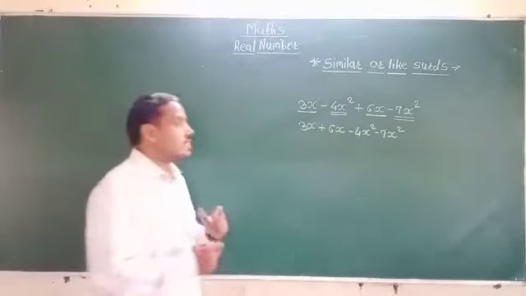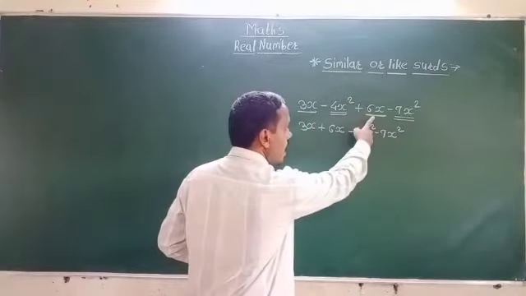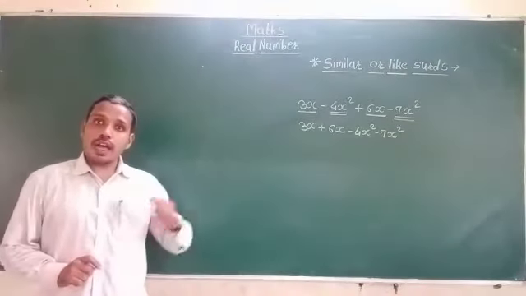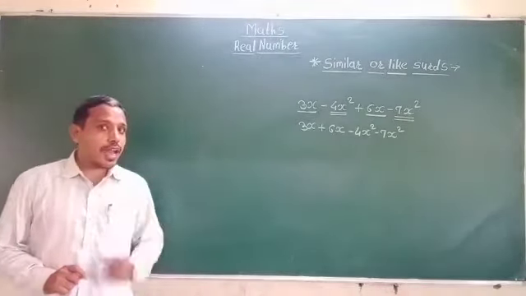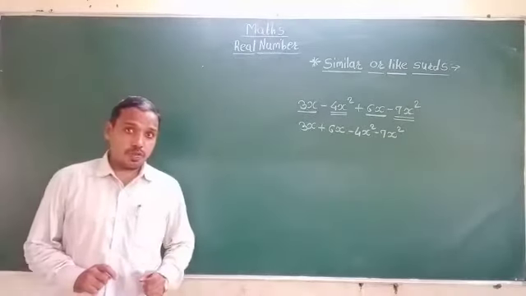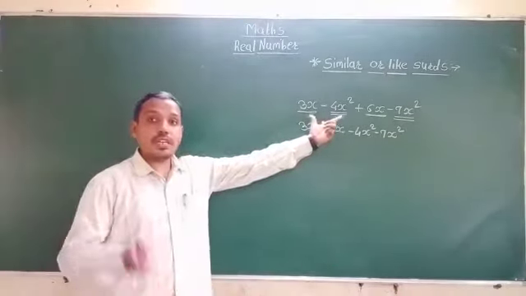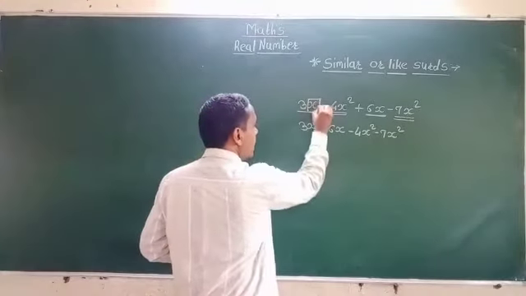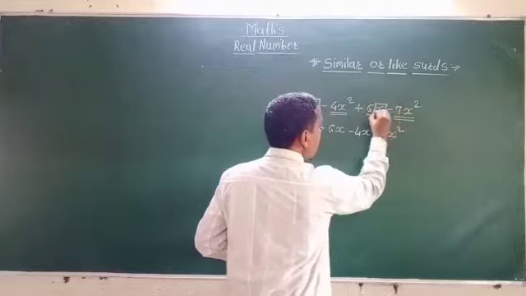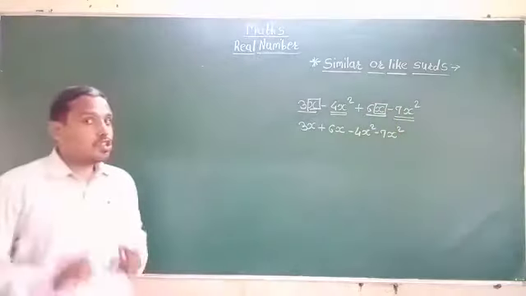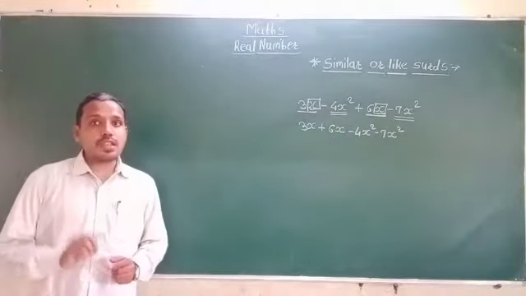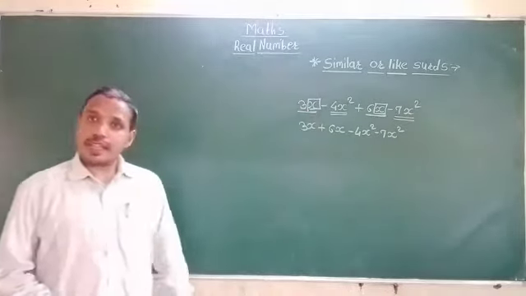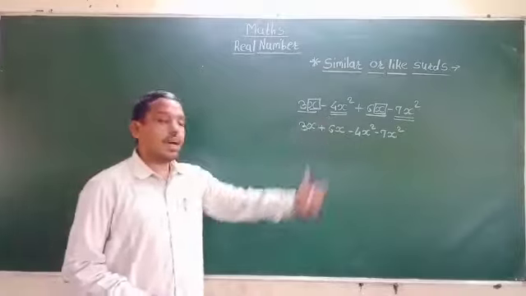Because 3x and 6x are like terms, and addition and subtraction are carried out only and only in like terms. So why do we call them like terms? Because the variable x is the same. Not only is the variable the same, the order of that variable is also the same, and that is why we can rearrange them.